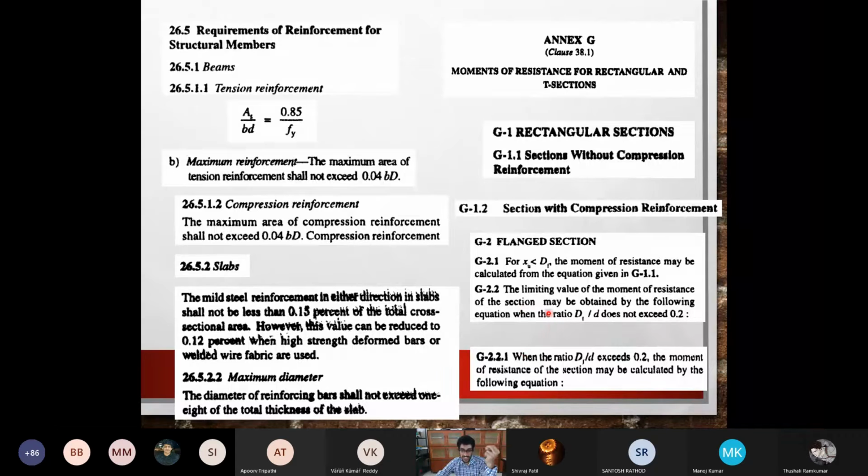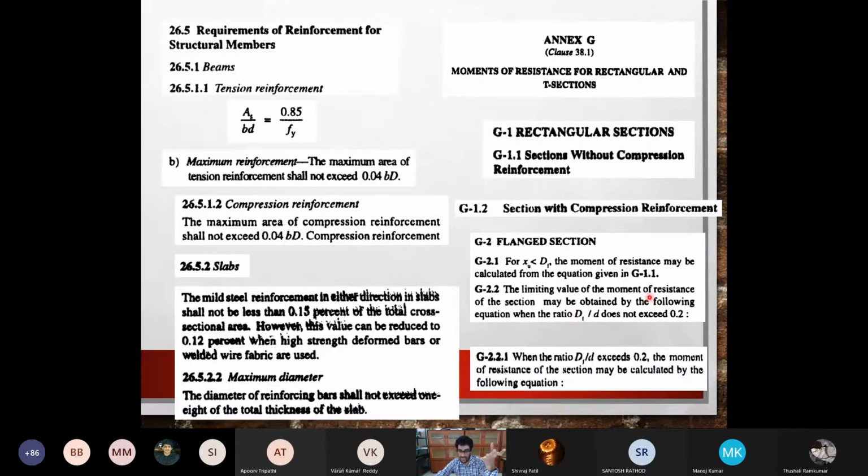Then they give the 2 cases, df by d not exceeding 0.2 and exceeding 0.2. So this corresponds to the same 3 by 7 df by xu, that thing which I showed, no? It is the same thing. Only thing they have shown it in a different form.